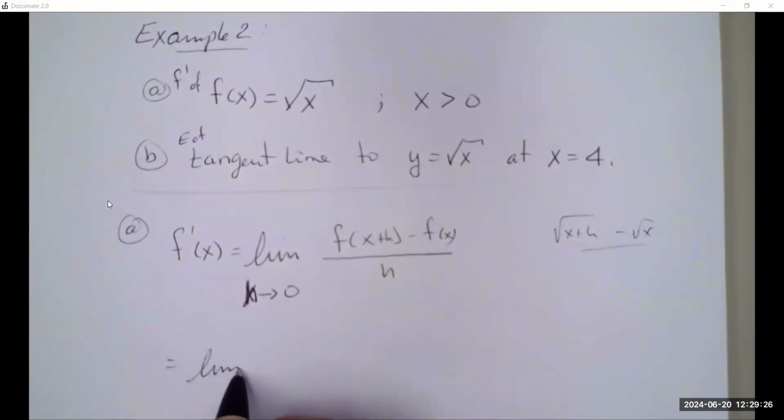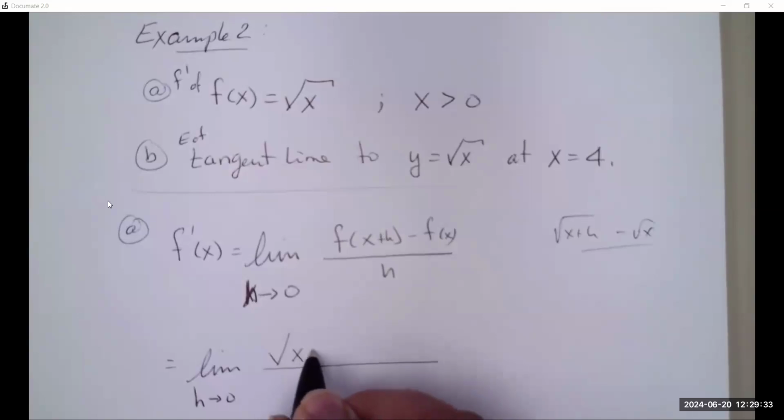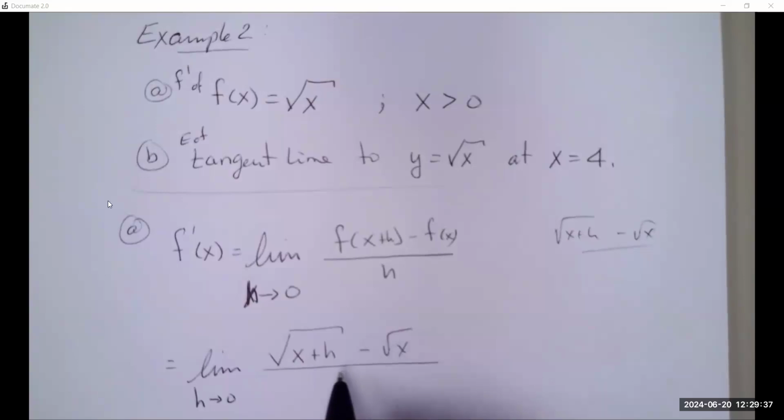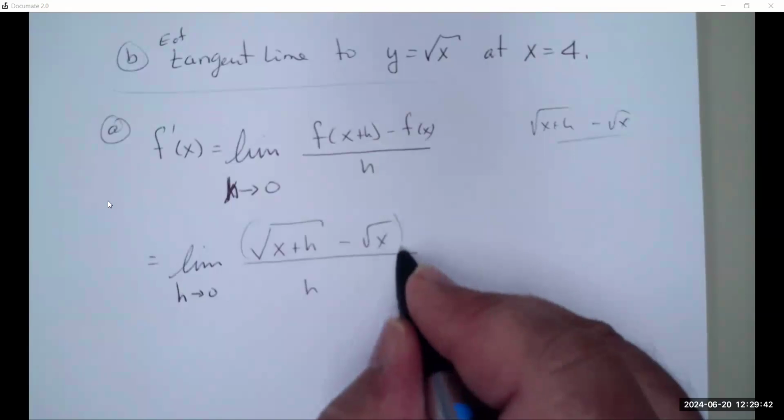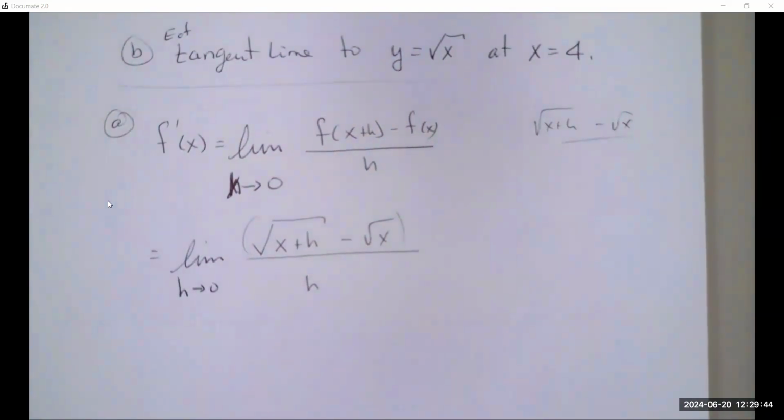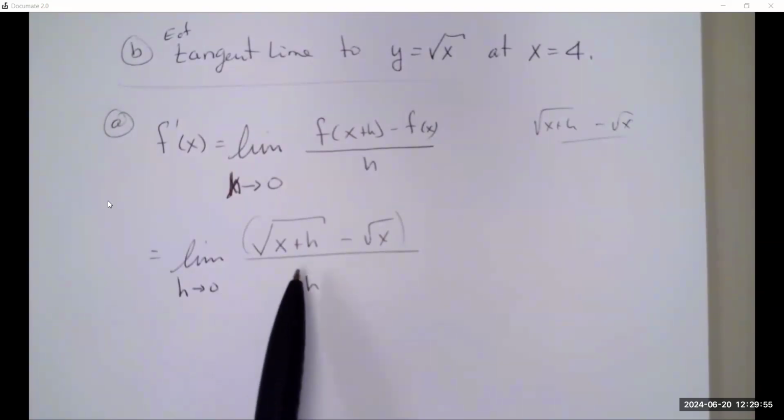So if we have the limit as h approaches 0 of the square root of x plus h minus the square root of x over h, if we plug in 0 for h, what would we get in our equation?